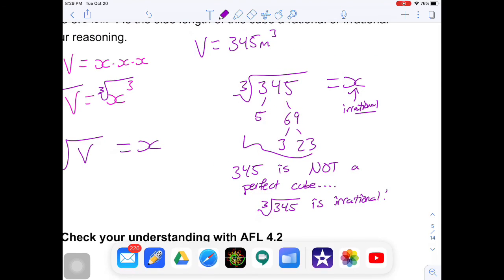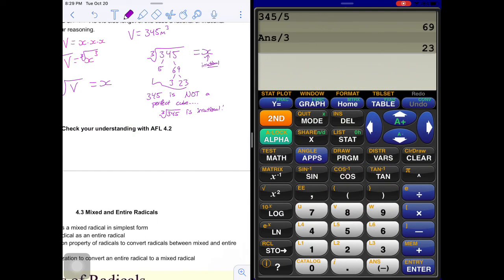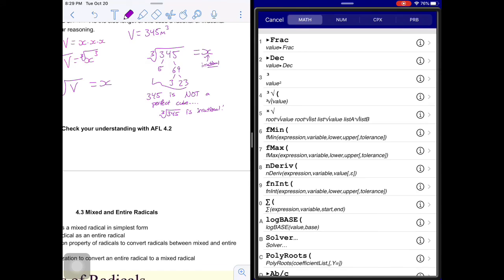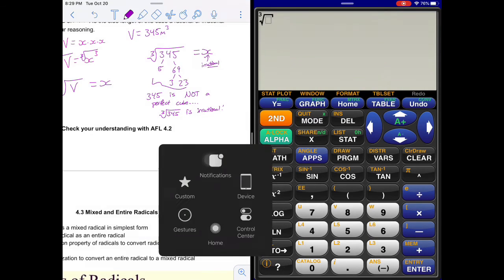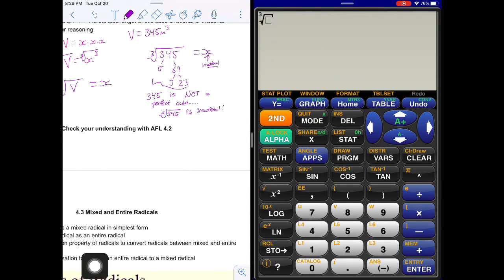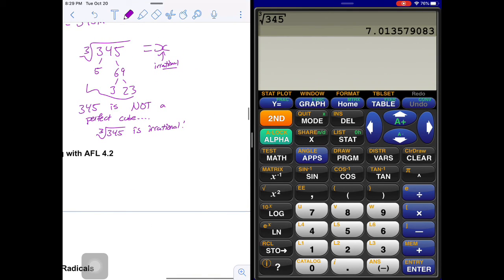Okay, we can use our calculator to quickly see just to make sure it is irrational. So remember, math, you're going to press 4 and we're going to get that cube root. So the cube root of 345. And if you look at that, x technically equals 7.013579083, on and on and on and on.